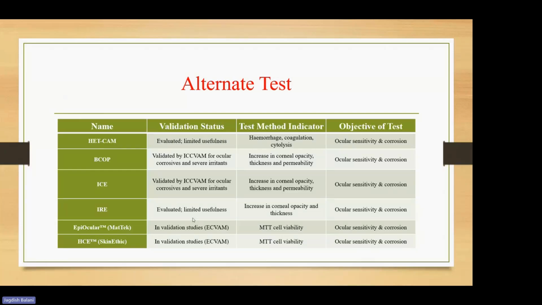You can see here the test methods evaluated for their usefulness and limitations. These tests are acceptable to the regulatory body. Instead of performing rabbit irritation studies, you can perform these in vitro ocular tests and submit them for your irritation studies.